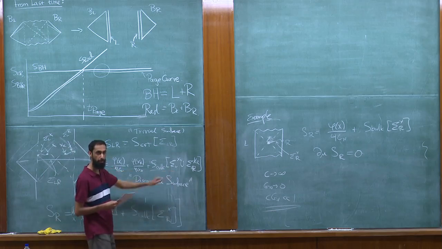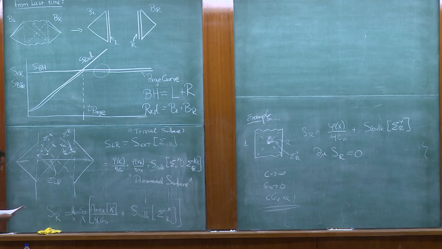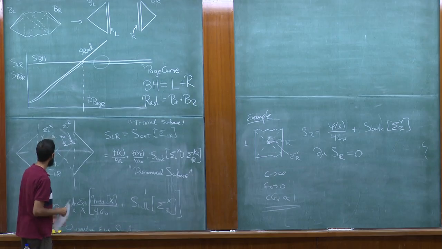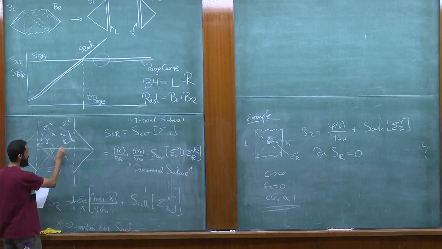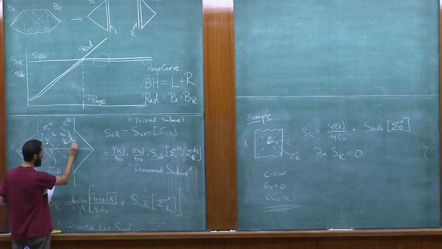There's an entropy of a union of two intervals, and that depends on a non-trivial cross ratio, so it's theory dependent. However, I should say that in the limit of late times, you can see that the cross ratio is going to 1 or 0, depending on how you define it. These two points are approaching each other, I claim is what's going to happen.